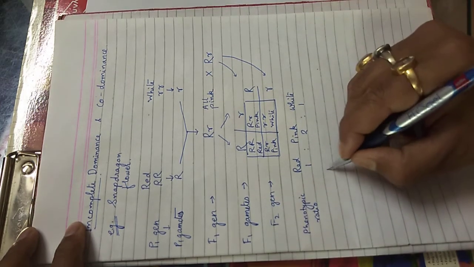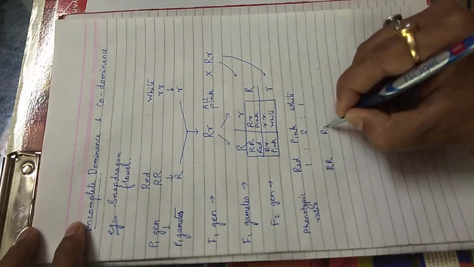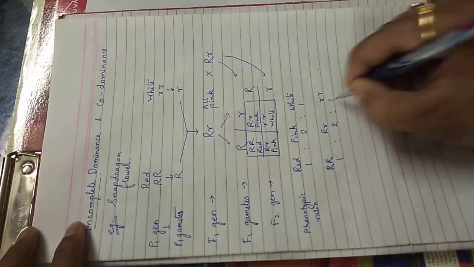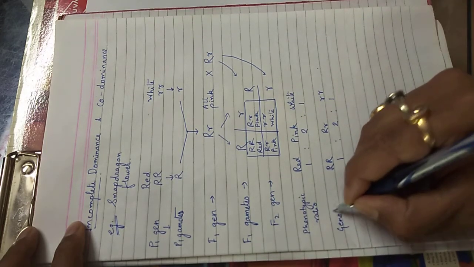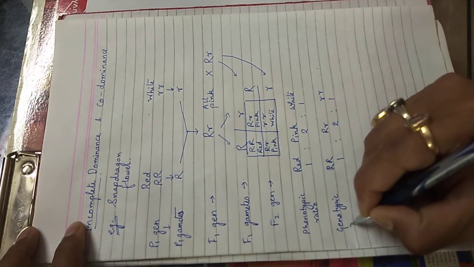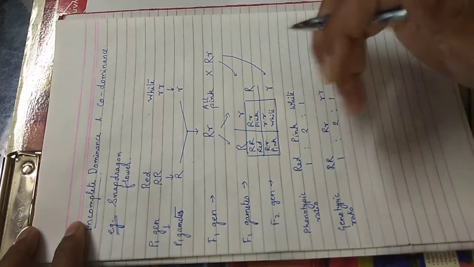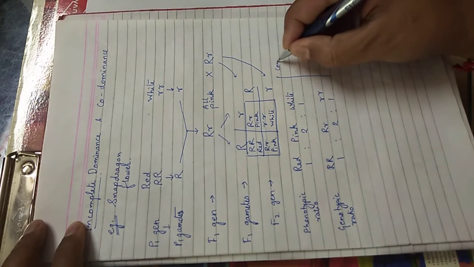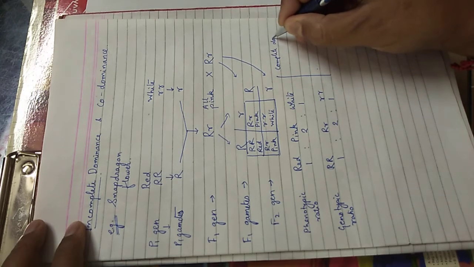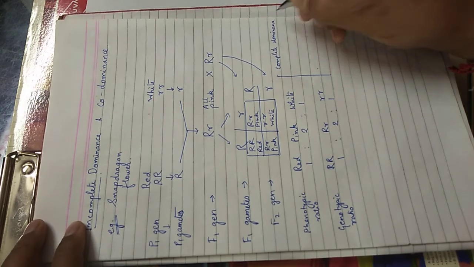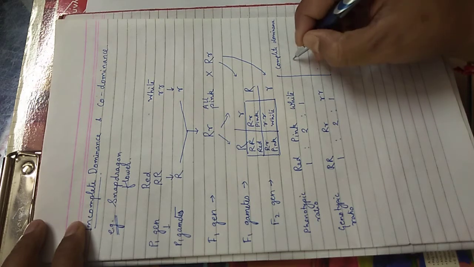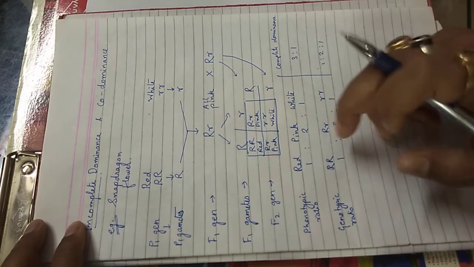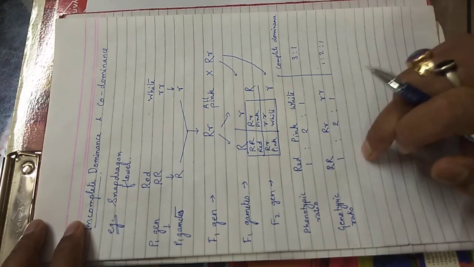Regarding the genotype, we have capital R capital R, capital R small r, and small r small r, that too in the ratio 1:2:1. So this is the genotypic ratio. The basic difference between complete dominance and incomplete dominance is that in complete dominance, the phenotypic ratio in the F2 generation was 3:1 and the genotypic ratio was 1:2:1. However, here both the phenotypic and genotypic ratios are 1:2:1.